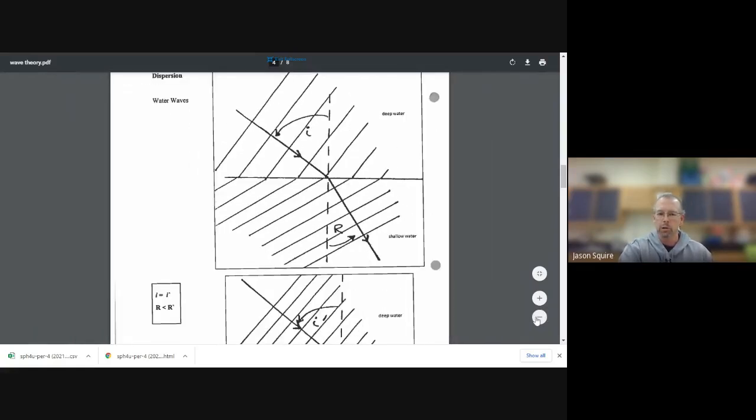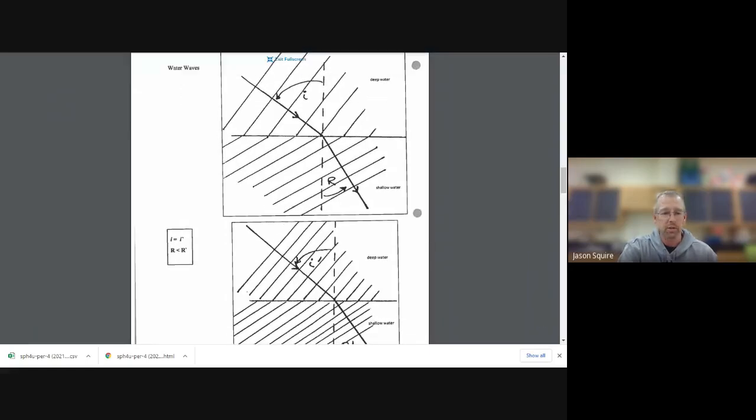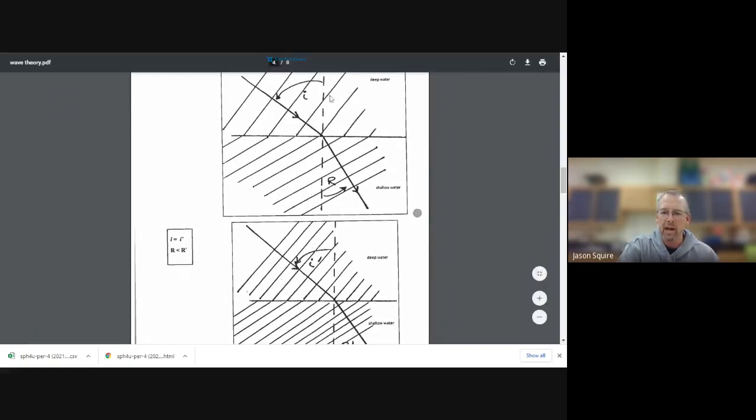I'm going to make this smaller so we can see both diagrams at the same time. This is still water waves. What's happened from one diagram to the next? I've changed the frequency of my source, so I've changed my wavelength. I've kept the same angle of incidence.